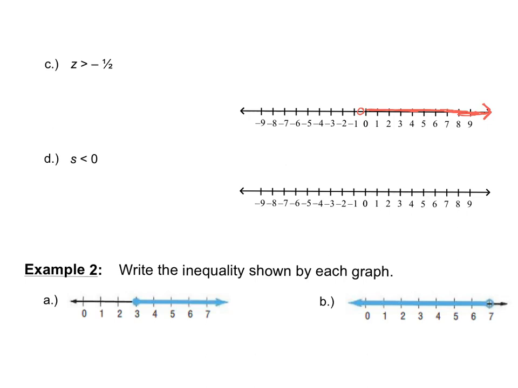Okay, next one, s is less than 0. Well, that's, again, open circle because it's not equal to. So open circle, and the less than sign matches this arrowhead, and so that's the direction that I'm going. Everything has to be less than 0, like negative 1, negative 2. Those are all the solutions that are less than 0. So again, a reminder, less than or greater than has an open circle, less than or equal to and greater than or equal to have a closed circle.